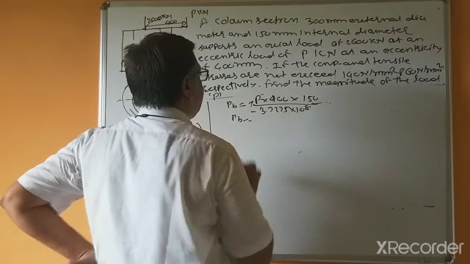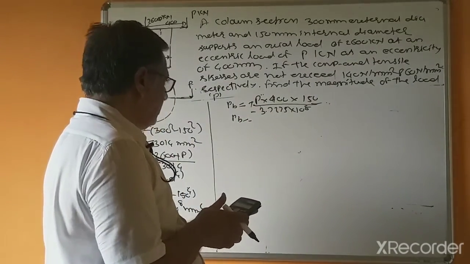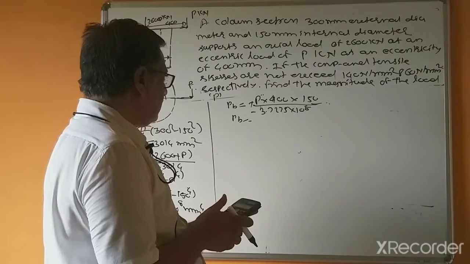The bending stress is plus minus, and divided by the answer multiplied by 400.